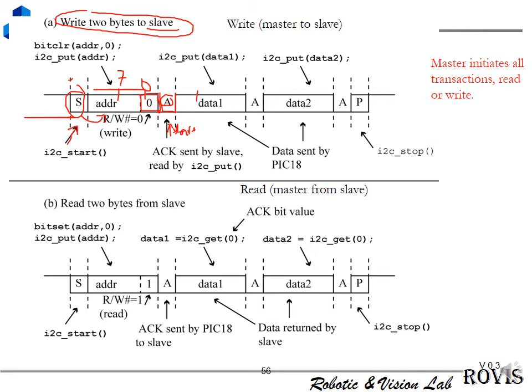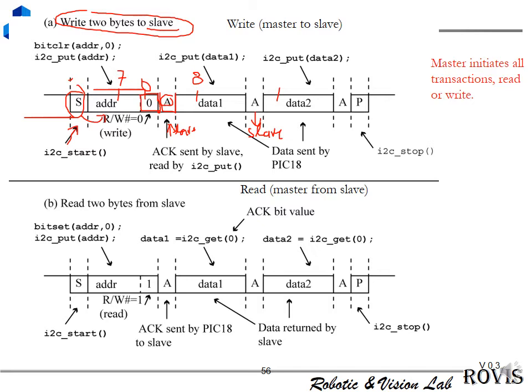The data here is 8 bits. After the 8 bits, the slave receives, and when it has finished receiving, the slave sends the acknowledgement bit again, and then the master transmits the data again.